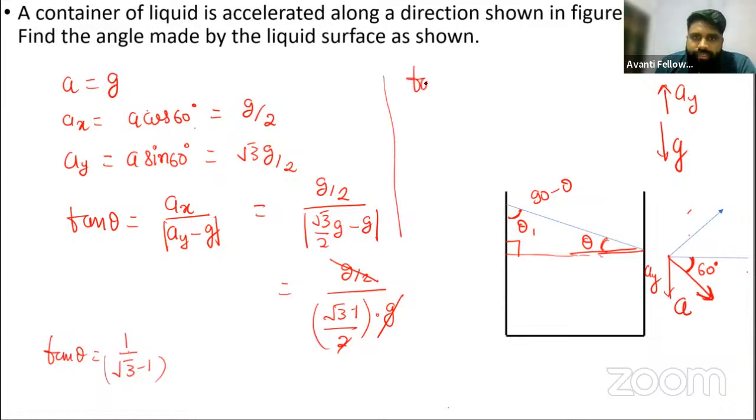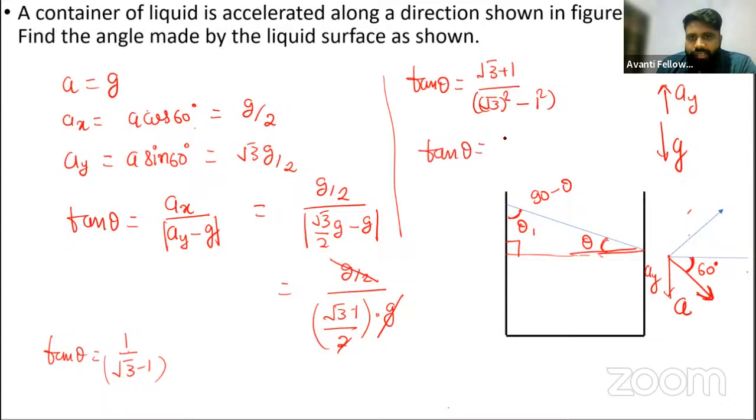You can also make it more clear. So you have to multiply with root 3 plus 1 in denominator and numerator. So it will become root 3 plus 1 divided by root 3 minus 1 into root 3 plus 1, which will become square of root 3 minus 1 square.